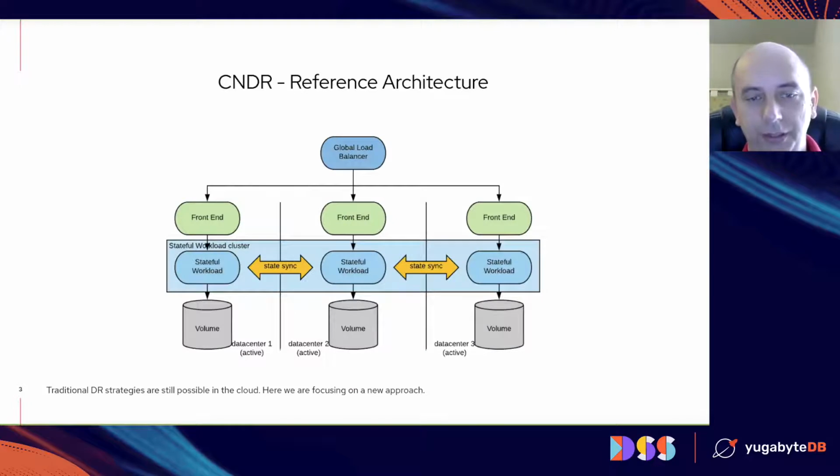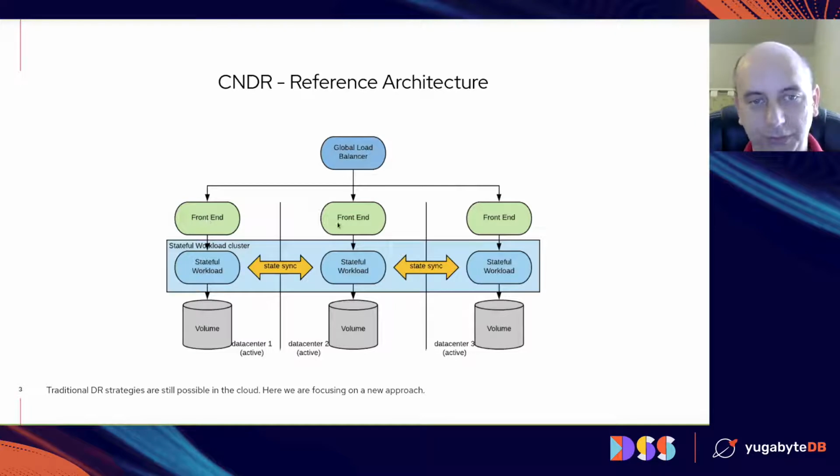This is a reference architecture, very, very high level, very generalized, of what a cloud native disaster recovery deployment would look like. From top to bottom, we have a global load balancer. It's sending traffic to, in this case, 3 locations, okay? We imagine that we have a stateful workload with maybe a stateless front end.